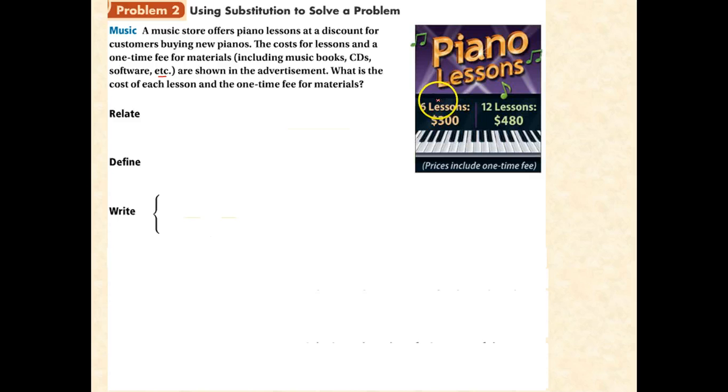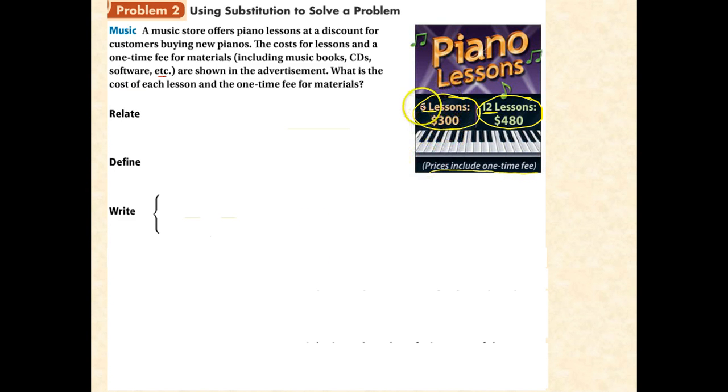Alright, so 6 lessons is $300 and 12 lessons is $480, and that includes the cost for 6 lessons plus the one-time fee and the cost for 12 lessons plus the one-time fee. Prices include one-time fee. So how can we relate that?